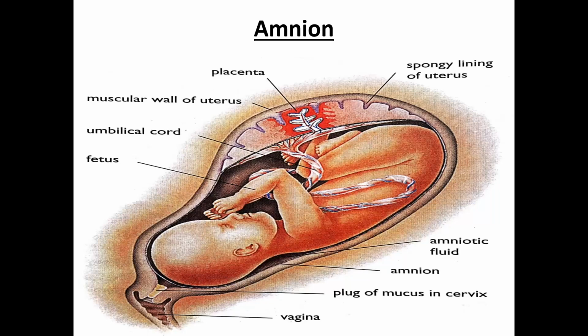Same thing, there's a muscular wall, the spongy lining of the uterus, and a plug of mucus in the cervix, amniotic fluid, the amnion, and the vagina is just there. After it has grown, it starts to squeeze through the cervix and exits from the vagina.